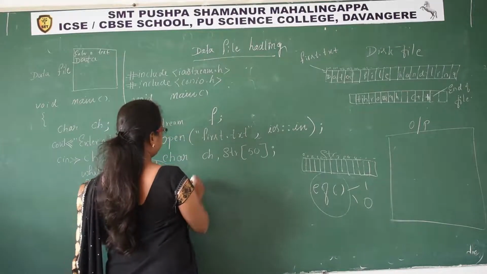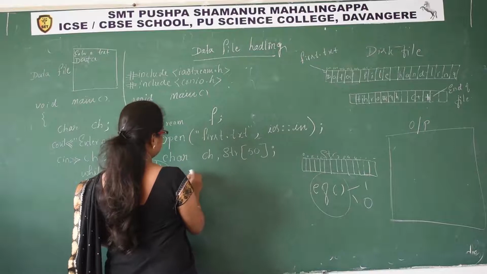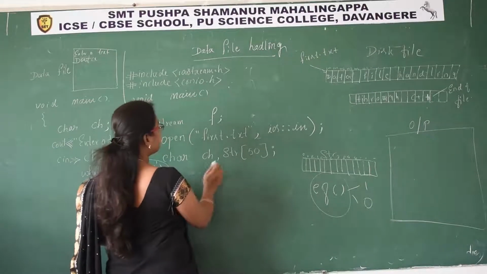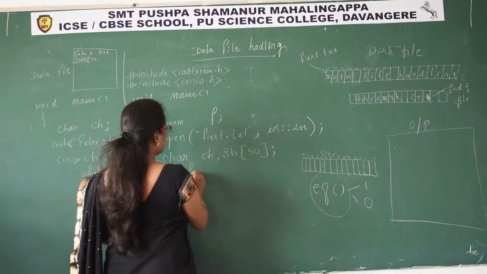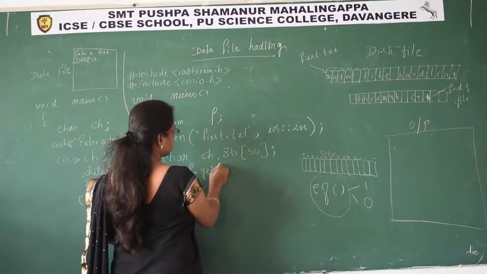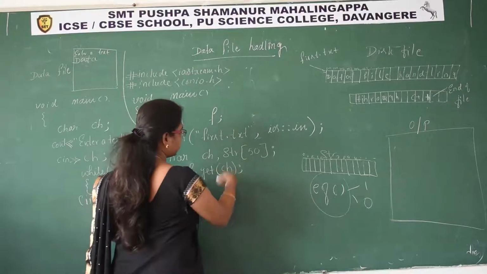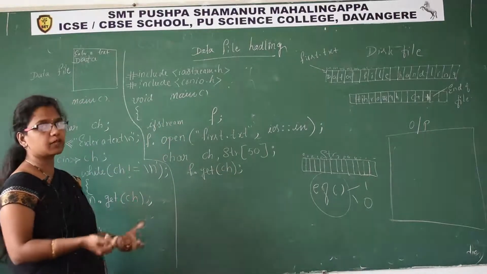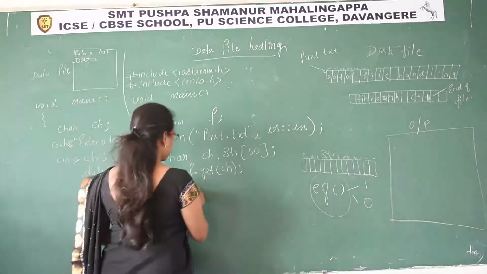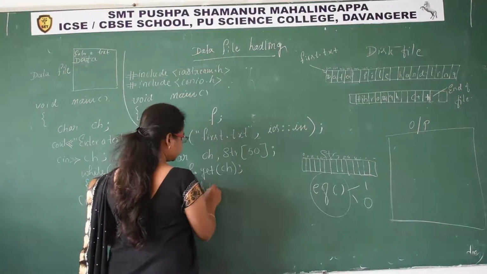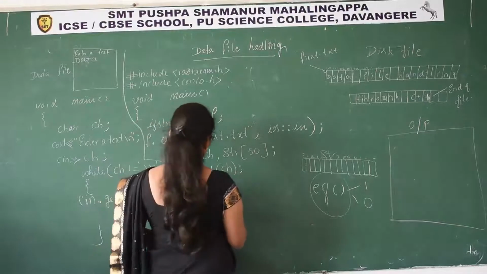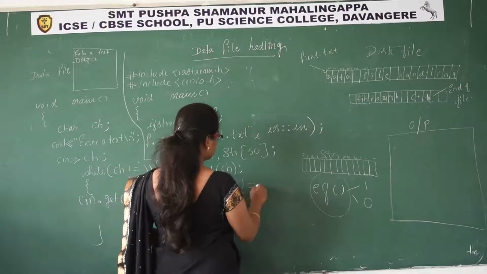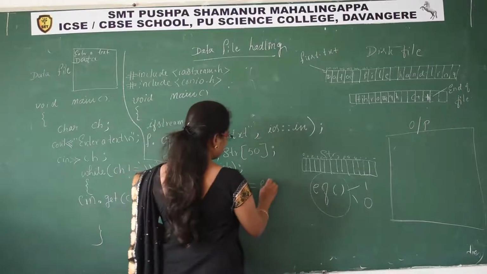first I'll read a character here. See, I'm reading from the file now. I must take f dot get of ch semicolon. It reads a character. I don't know whether it is end of file or some other character. Let us compare with while ch not equal to EOF.